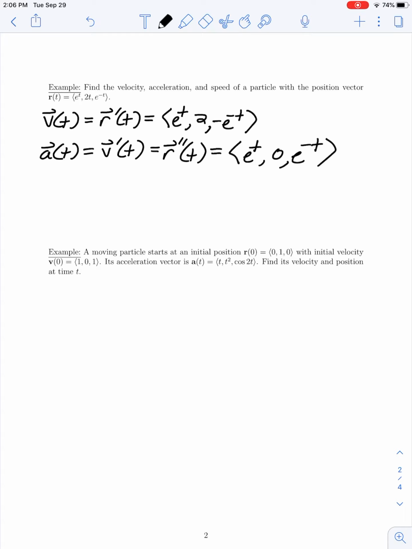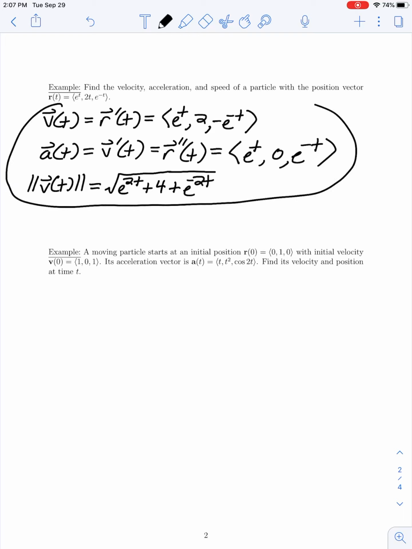And then to find the speed of this particle, we would be looking at the magnitude of our velocity vector, which would be the square root of e to the t squared, which is e to the 2t, plus 2 squared, or 4, plus negative e to the negative t squared would give us a positive e to the negative 2t. So this would be our velocity, acceleration, and speed for the particle that follows the trajectory defined by that position function.